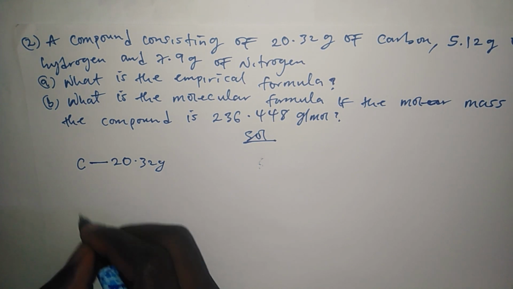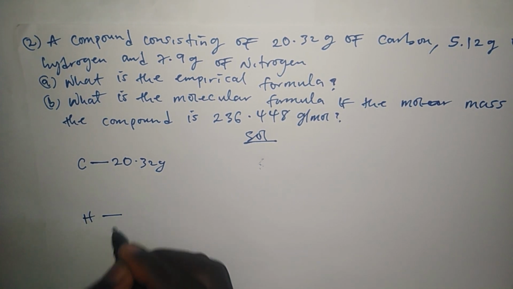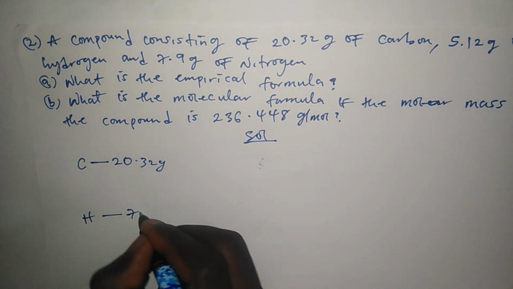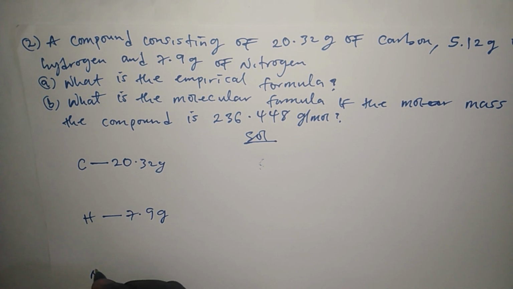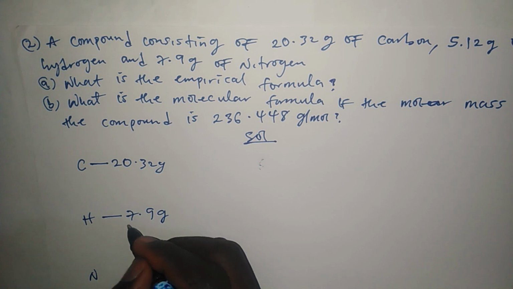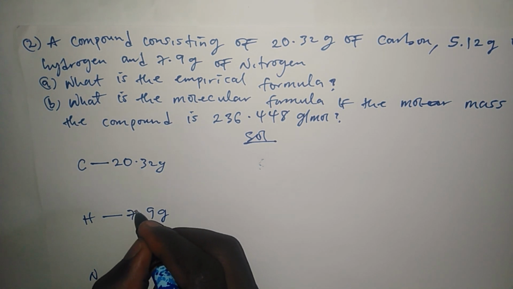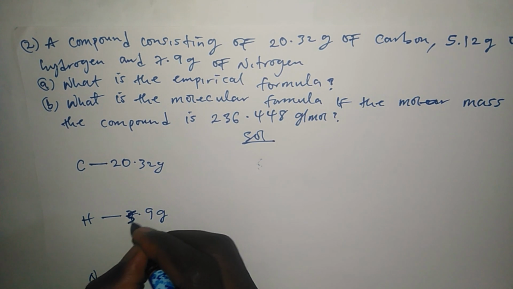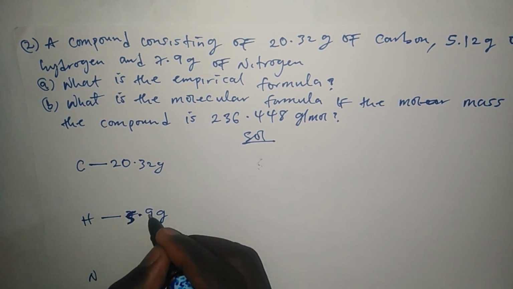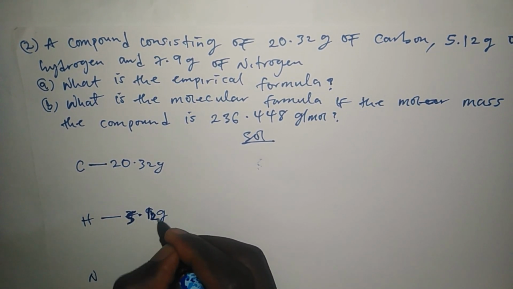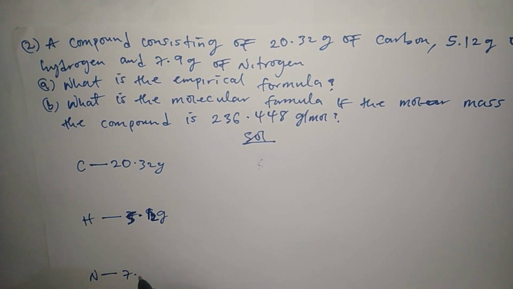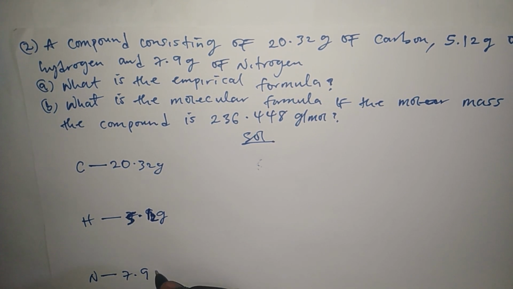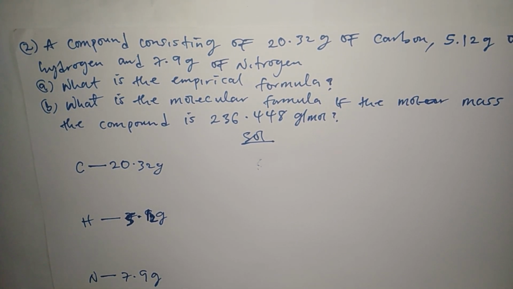Then hydrogen has 5.12, sorry, this is 5.12. Then nitrogen has 7.9 grams, right?